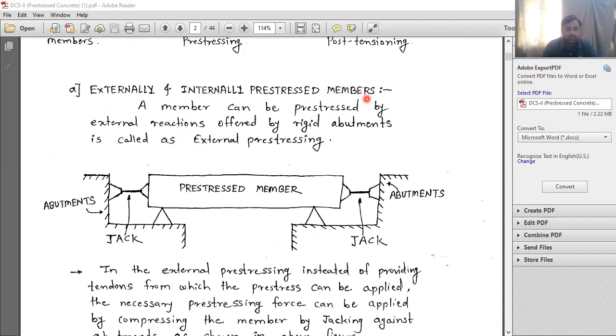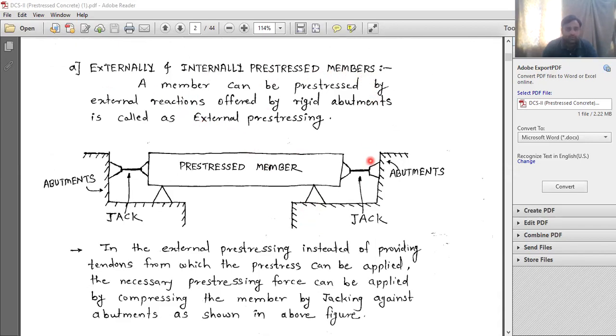Externally and internally prestressed members, the first classification. Here you can see the member. This is your prestressed member. Here the support is provided. It is not necessary that it be kept like this; I have just shown it in the diagram.